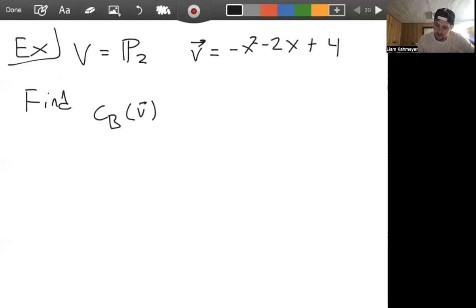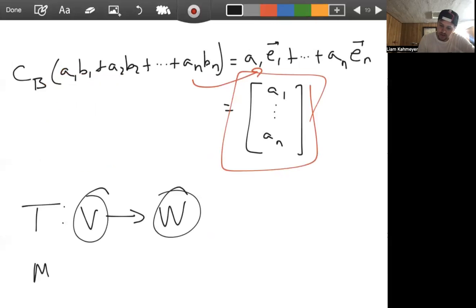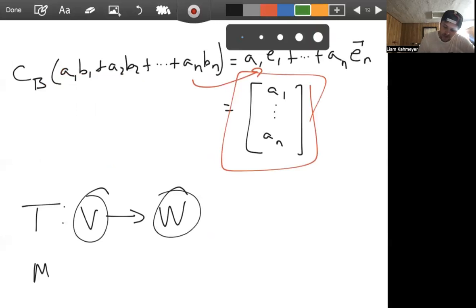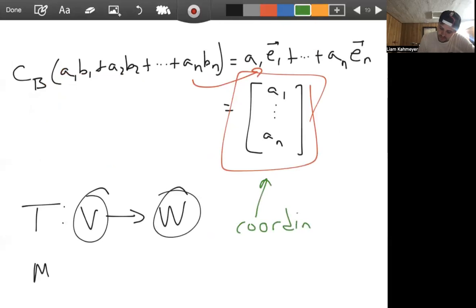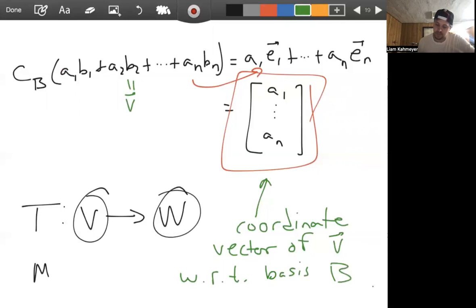I should have said here, I got a little ahead of myself: this value is called the coordinate vector of v, where v is equal to this linear combination with respect to the basis B.